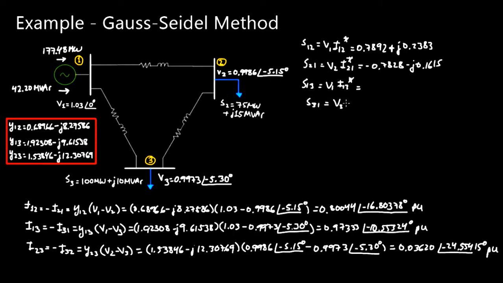If we calculate that, we get that S13 is equal to 0.9856 plus j0.1836, and S31 is equal to minus 0.9666 minus j0.0889.